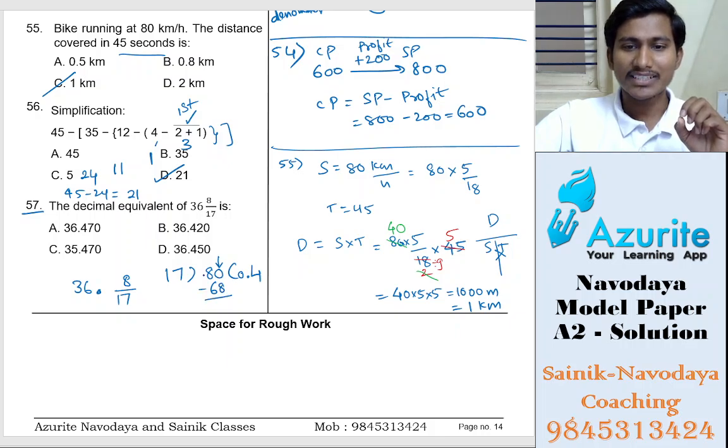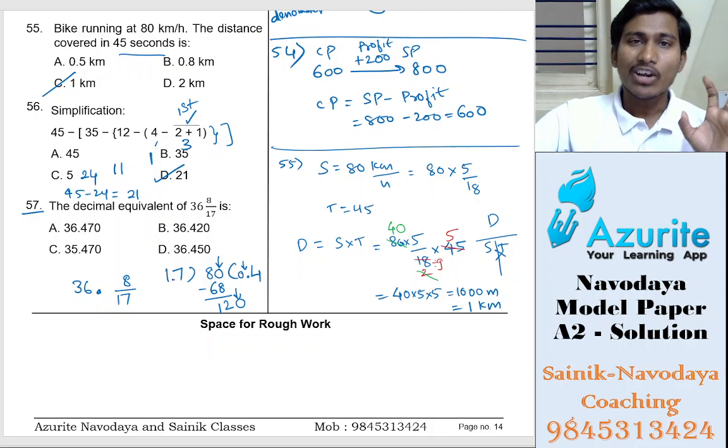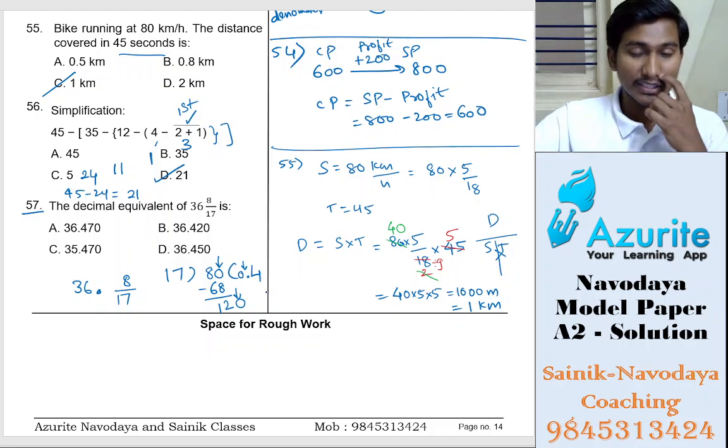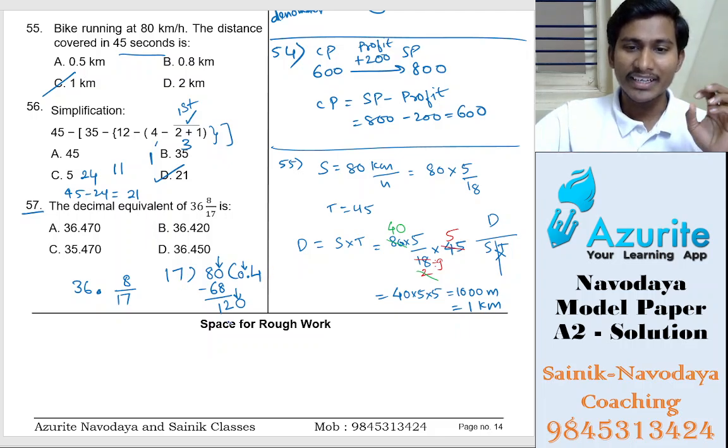If you subtract, 80 minus 68, the remainder is 12. The point is already there, so we can take one 0 here. 120: 17 6s is 102, and 17 7s is 119.